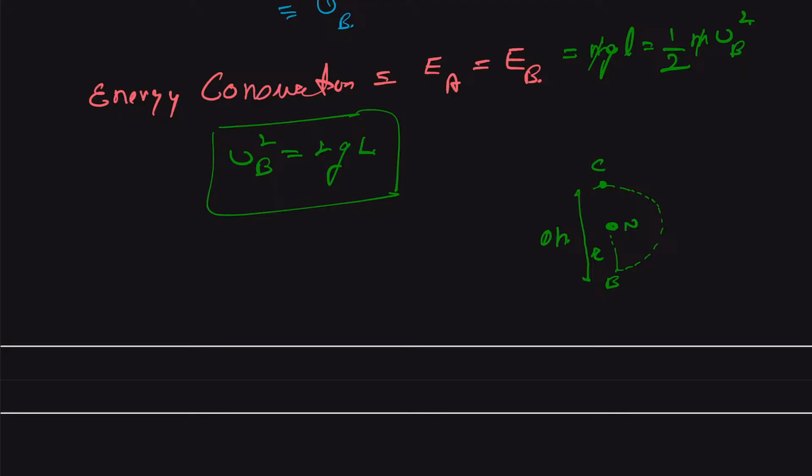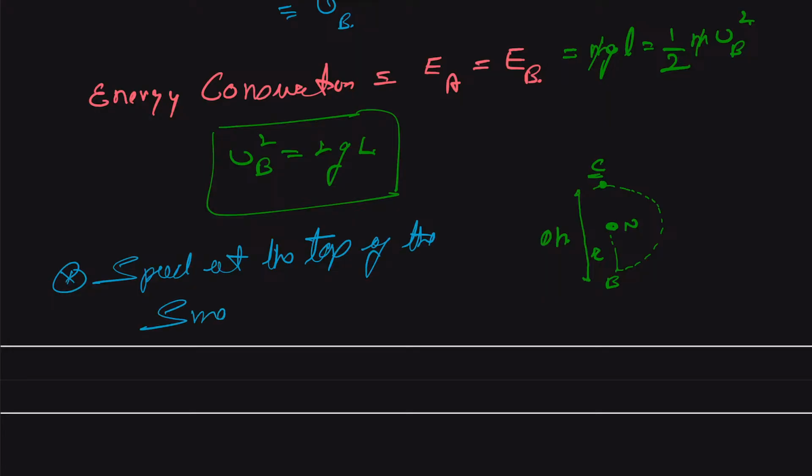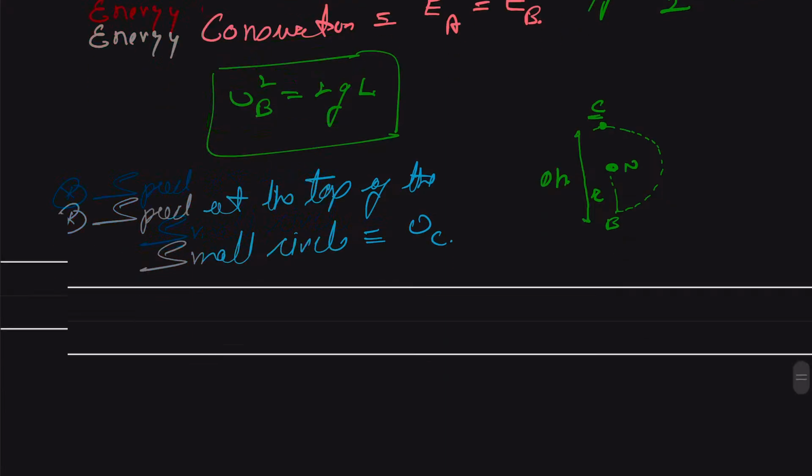So now we are going to find out the speed at the topmost point, that is our C. Once again we are going to use the conservation of energy. You can say that the speed at the top of the small circle, let us call this speed our VC.